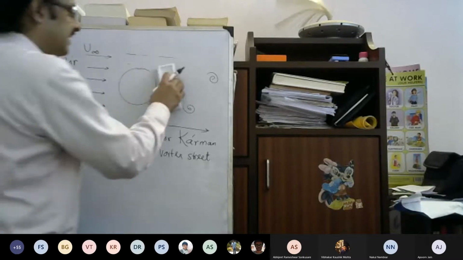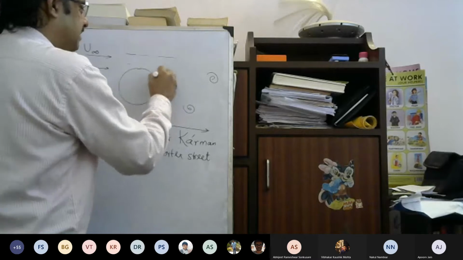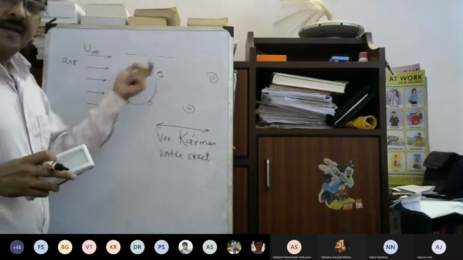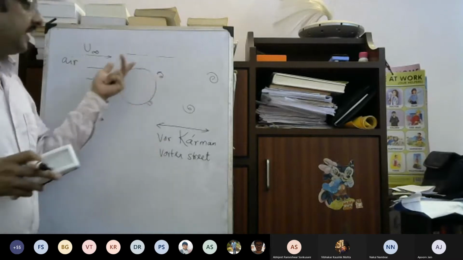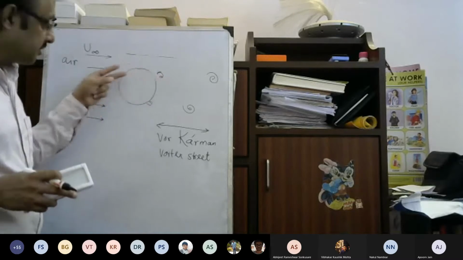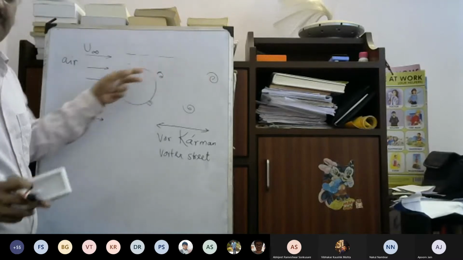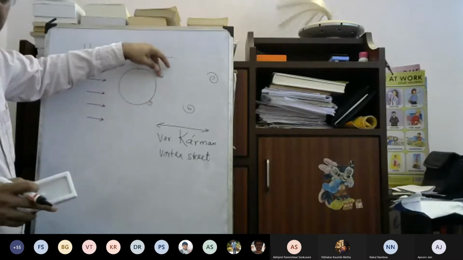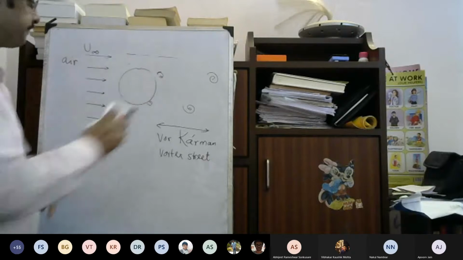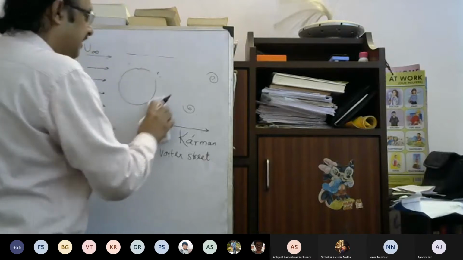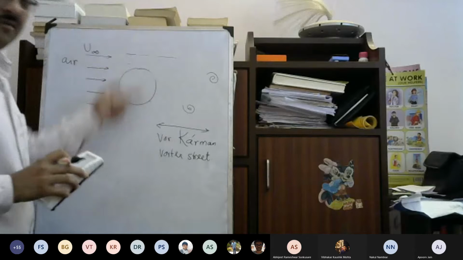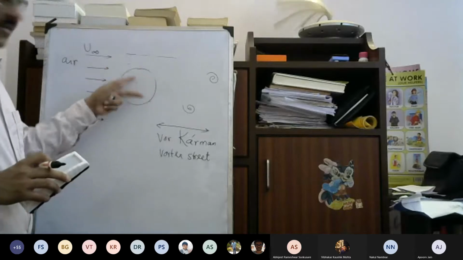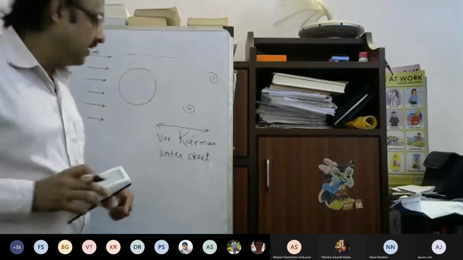Now, as the vortices are developed, what will happen? Vortices are fluid masses having certain velocity, so they have certain momentum. As soon as they get detached, the momentum of the system changes, and the fluid momentum imparts a force to the body. So because of the separation of vortices, this mass will start oscillating.